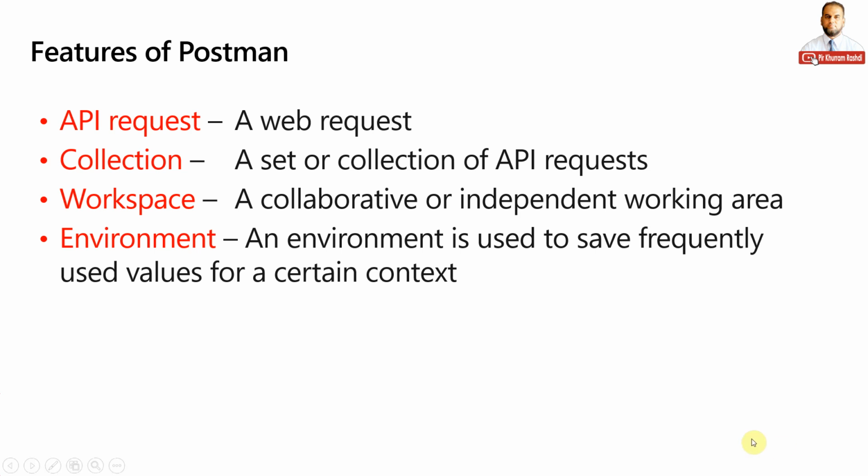If you want to group multiple APIs of the same topic, you can make a collection. Then there is a workspace, which can be shared among a small team and where you can save your work. And environment is used to save frequently used values which will be commonly used while testing the APIs.